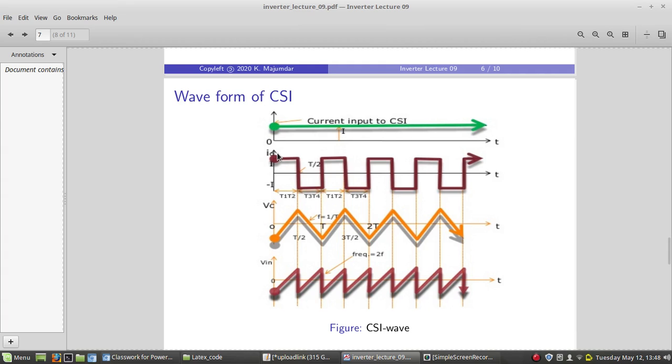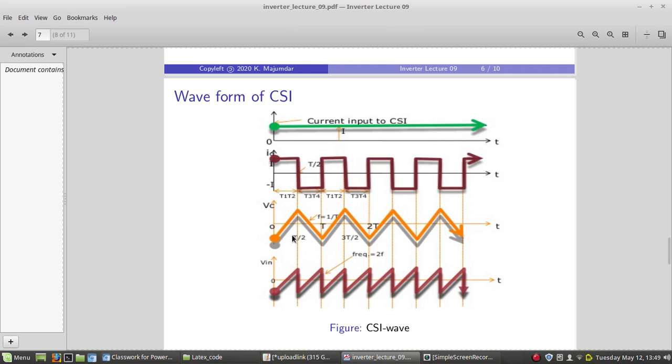Now, the current across the load: so far we have discussed that the current will be either the positive maximum or the negative maximum. These are the patterns as per the switching. Here it is mentioned when switch 1 and 2 are on, then it is a positive current. Then the next instant, 3 and 4 are on, and this way it goes on.